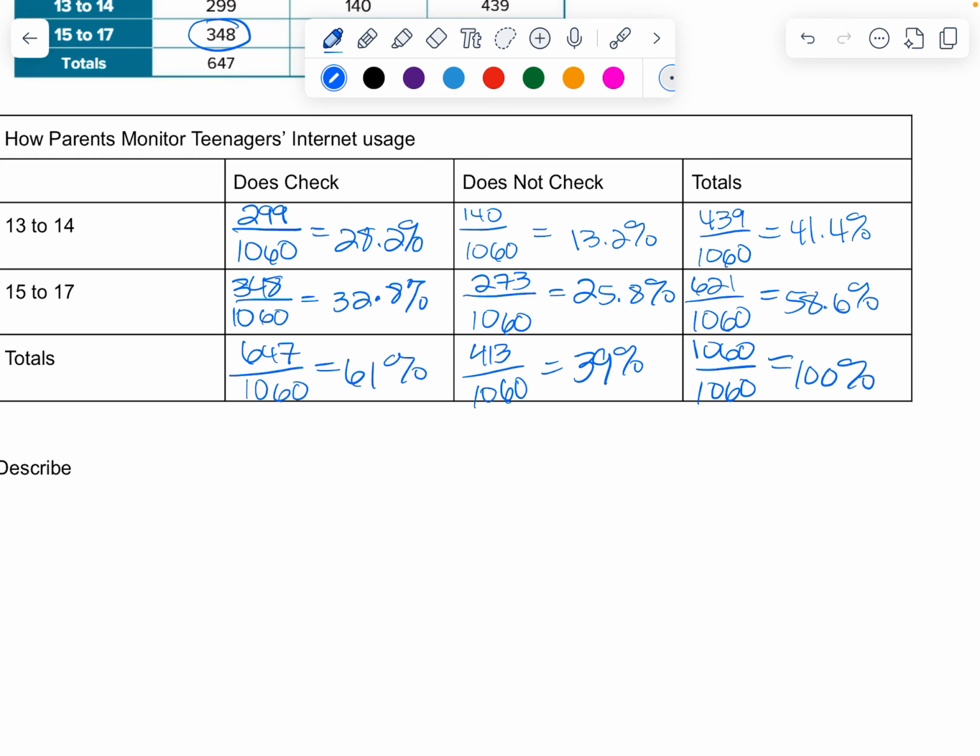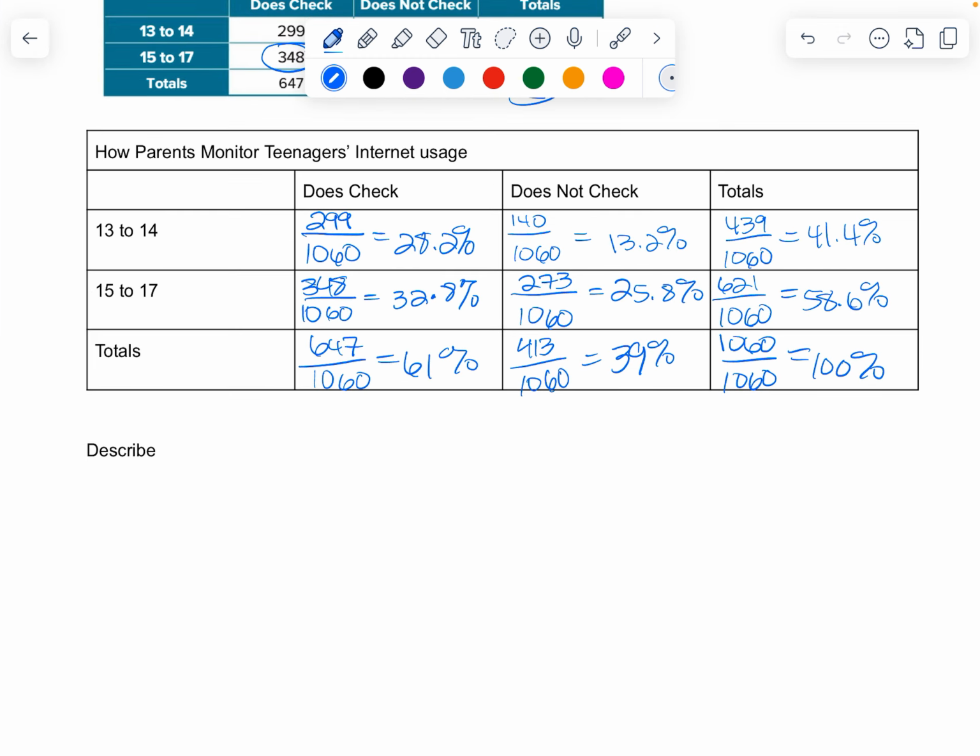So, what do we know? Well, we know that 61% check, that 39% do not check. What else do we know?